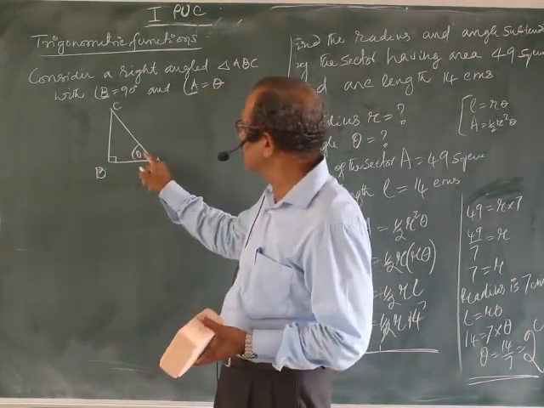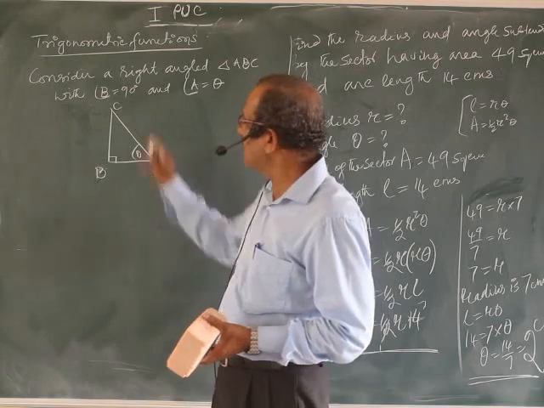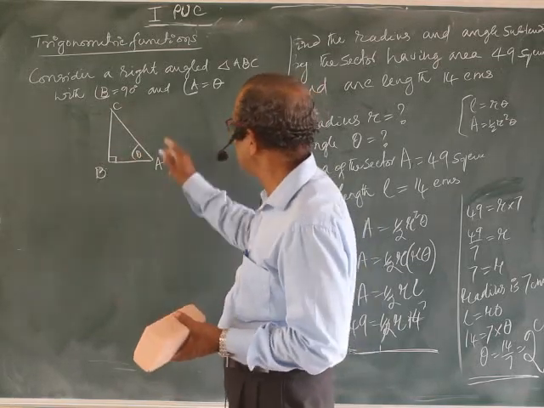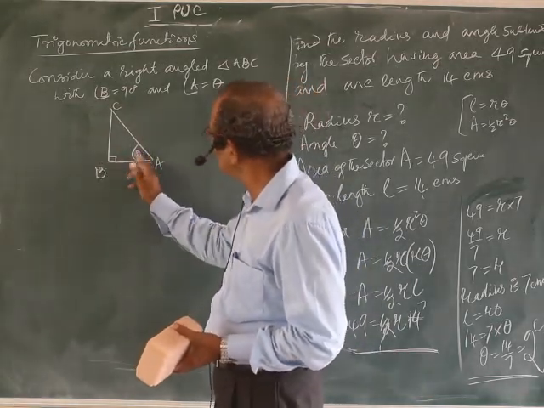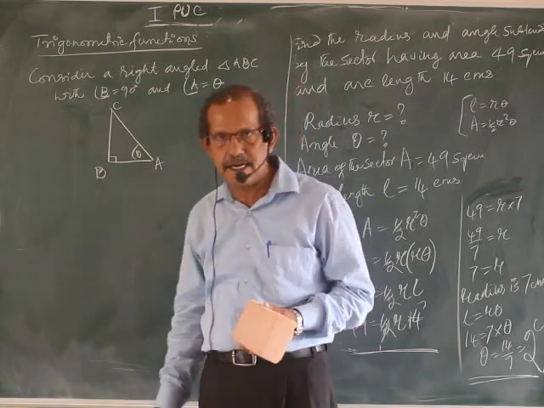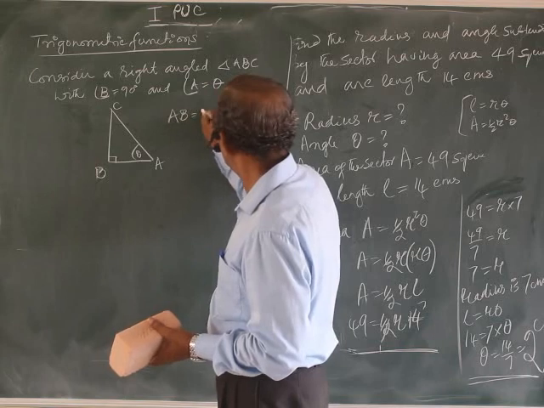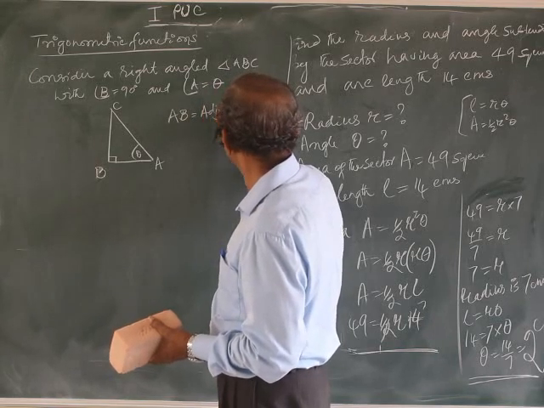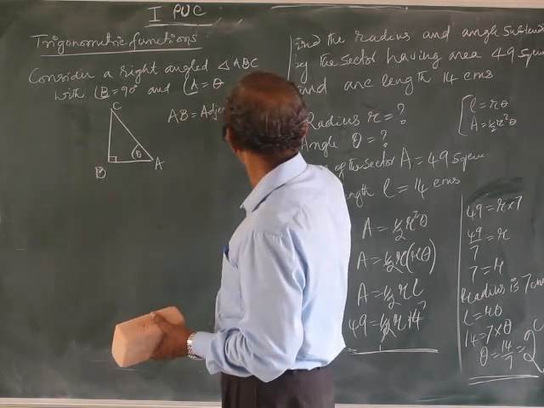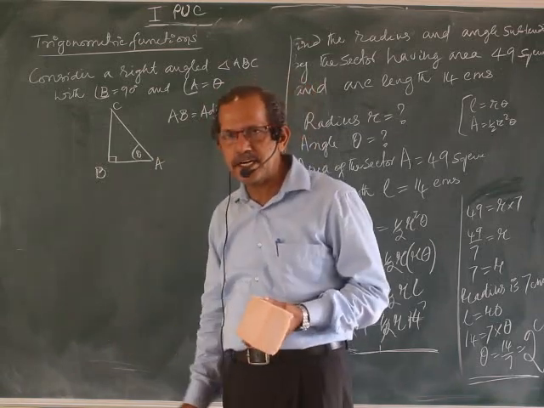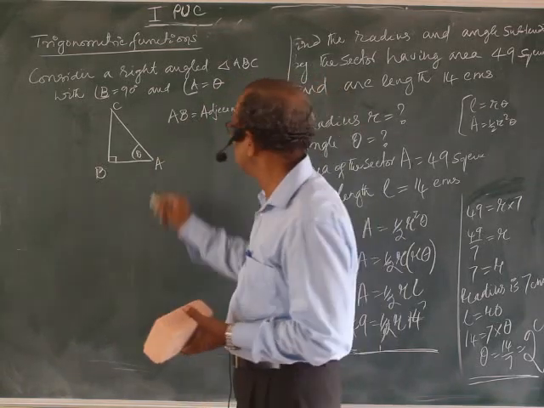With respect to this theta, the sides of the triangle are named like this. See, AB is very close to the angle theta, the adjacent side. So it is adjacent.